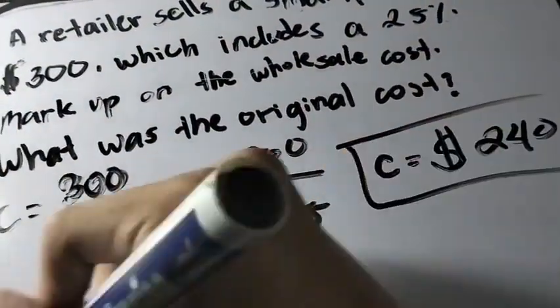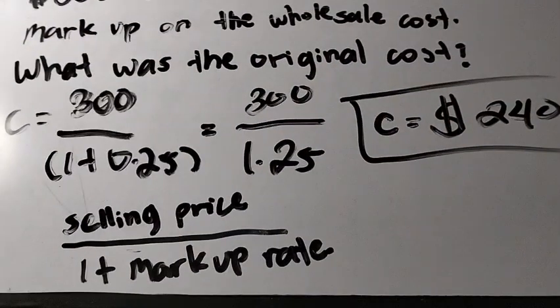Example number 2, we have a retailer who sells a smartphone for $300, which includes a 25% markup rate on the wholesale cost. What was the original cost? As we see here, to get our cost, we place the original price at the top and then divide it by 1 plus the percentage.